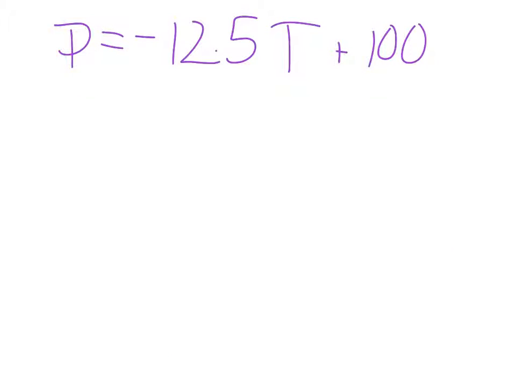And then finally here's number 44, which gives you this equation. T is time, and P is the percent of the process left to complete. So that should make sense then, that if this is the y-intercept, that means when you start, you have 100% of the process to complete.